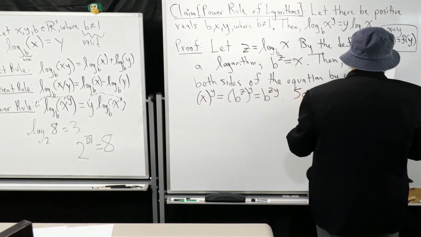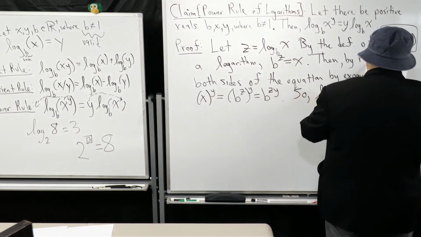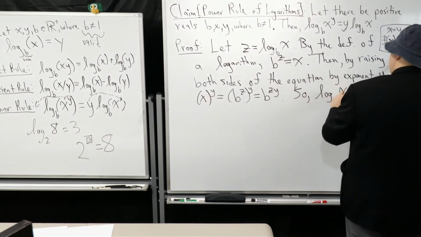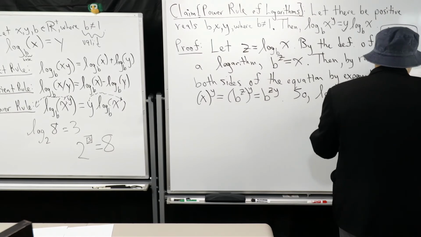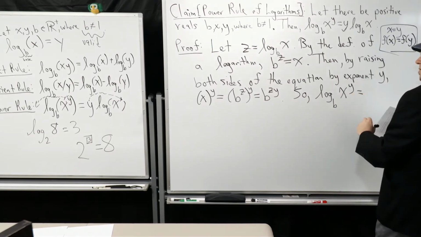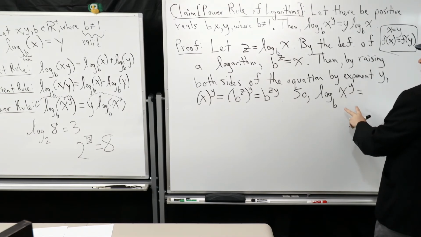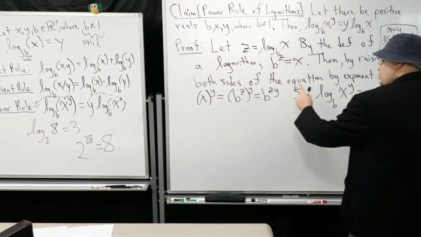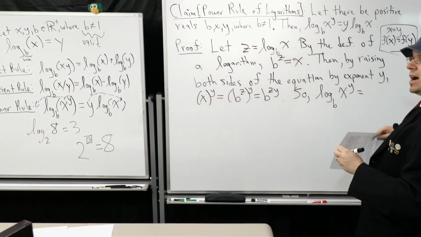So what does that mean? Log base b of x to the y is equal to what? Because remember, x to the y is equal to b to the z times y.